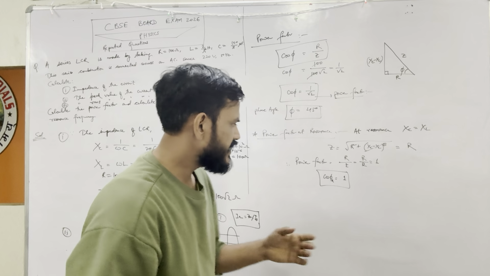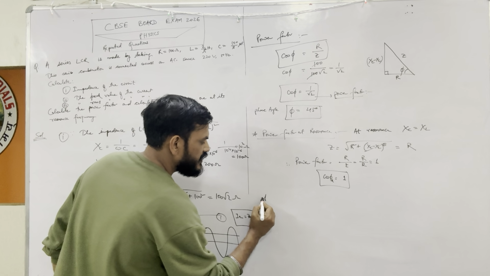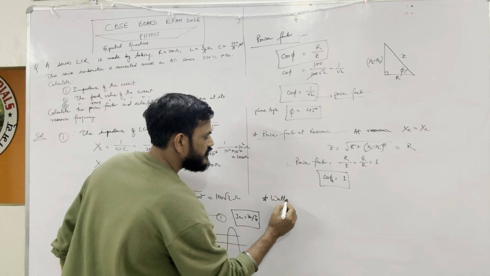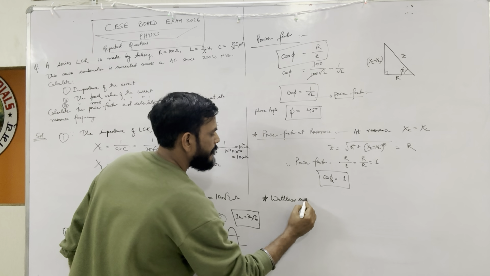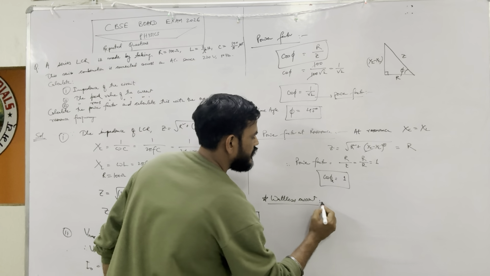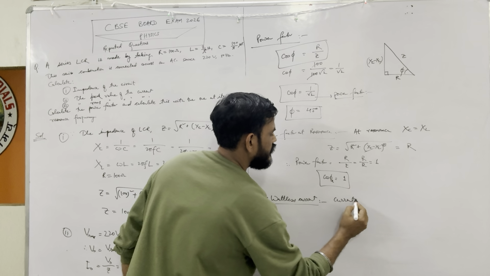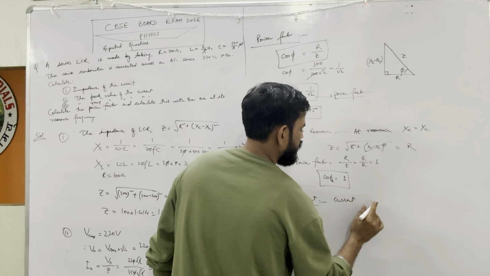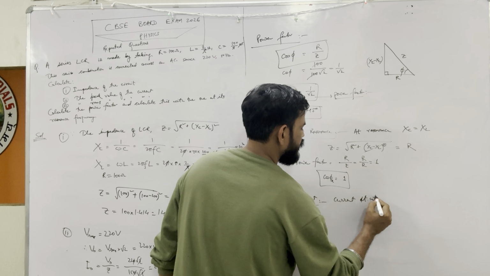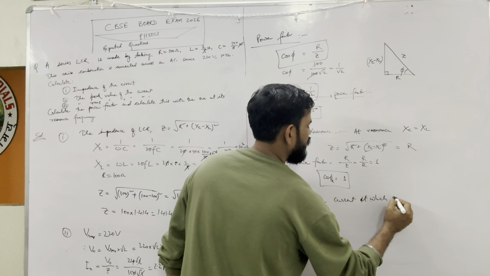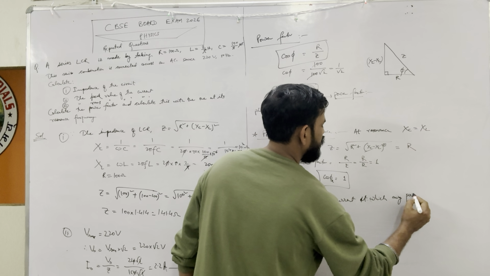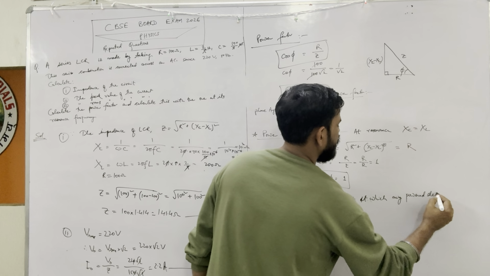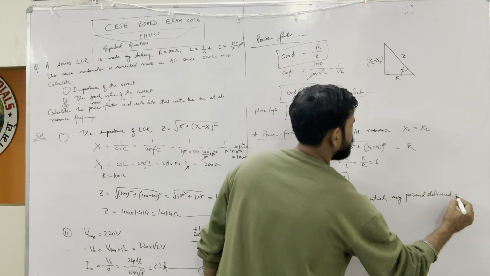So let me take this opportunity to explain wattless current. What is wattless current? Current at which average power delivered is 0.